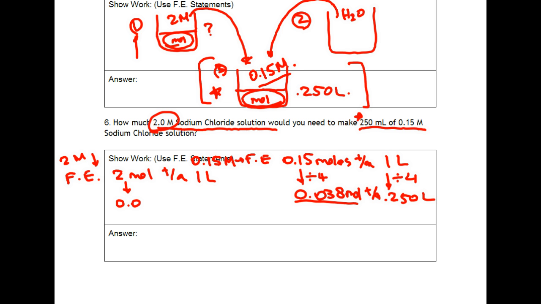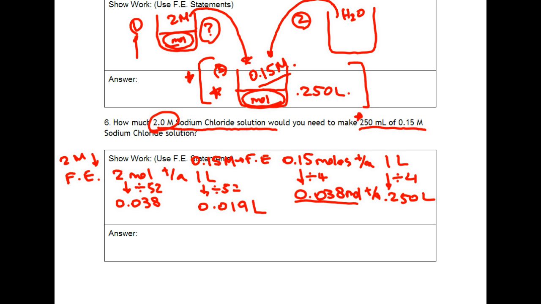We have 0.038 moles. In order to get that, we're dividing by 52. And if we divide 1 by 52, we get 0.019 for the liters. So that is how much of this first solution we have to use to get this final product.